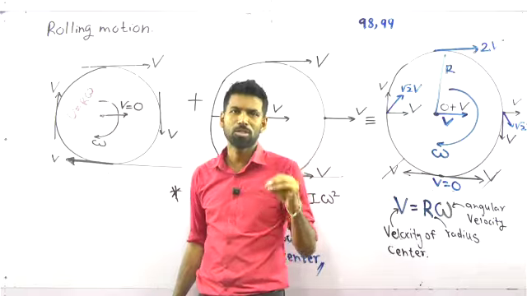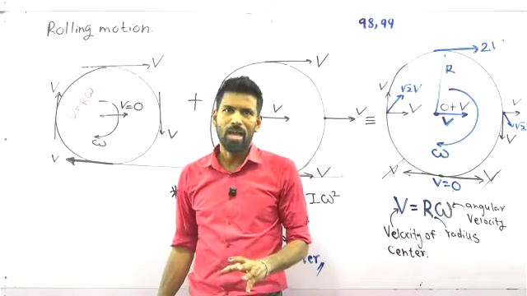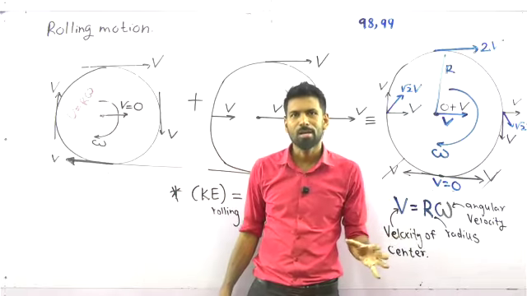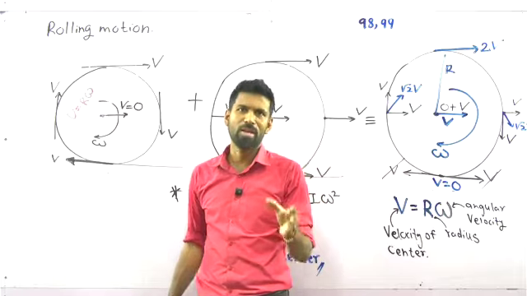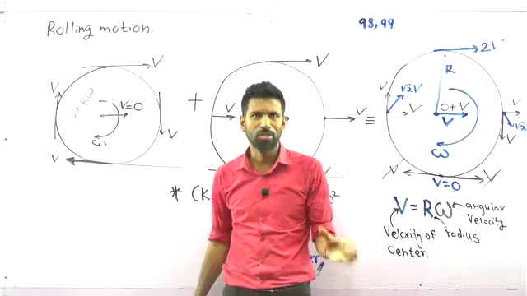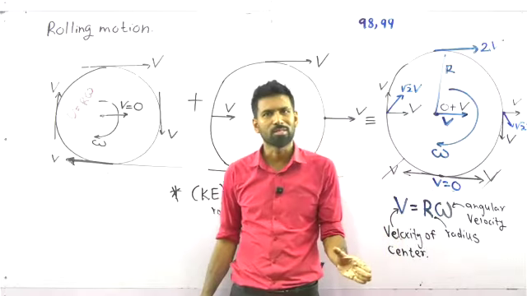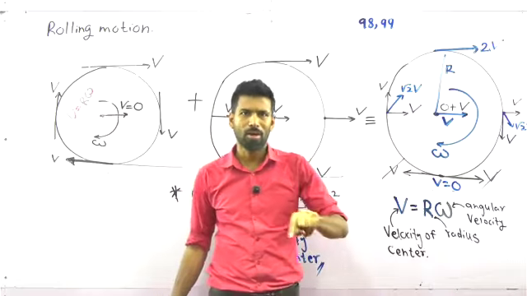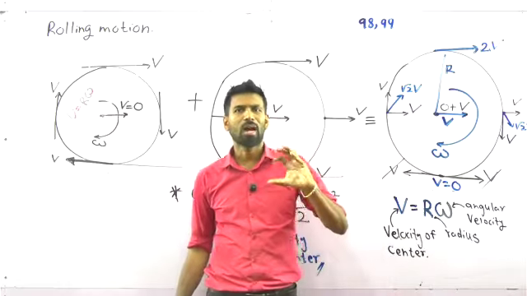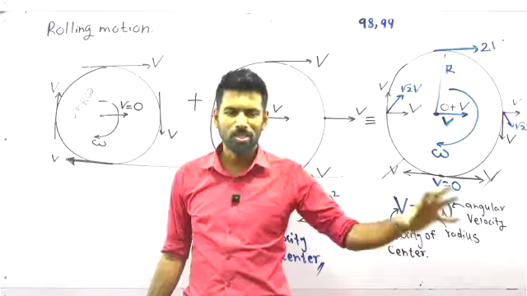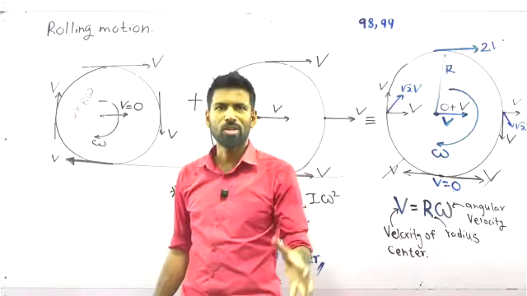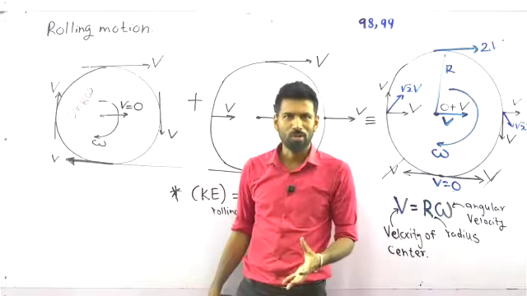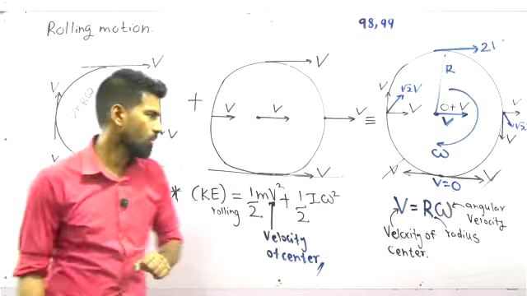Then you will get the velocity profile for rolling. From university first year, without the proof, we can take for A level the equation v equals r omega. You don't need to prove it here in A levels. What's v? Velocity of the center is equal to r times omega while rolling. And how to write kinetic energy? Moving from one place to another, linear kinetic energy half mv squared, angular kinetic energy half I omega squared.